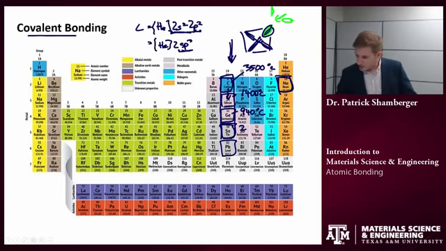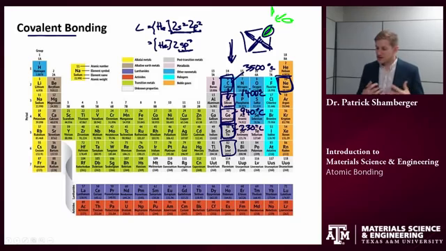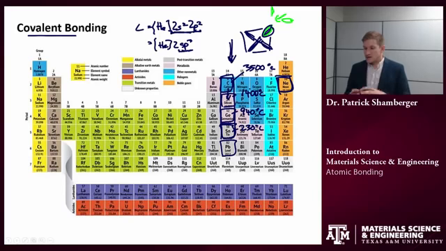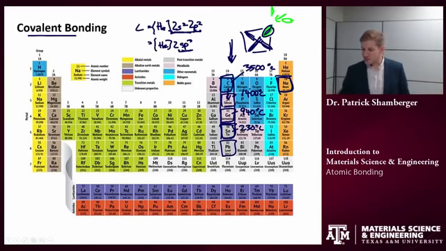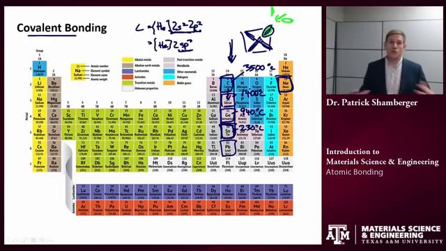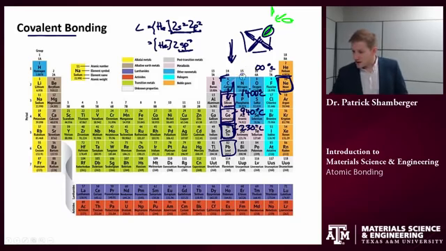And tin about 230. So the bonding energy decreases as I go down, and the electrons become more and more delocalized. So by the time I get to tin, those electrons are relatively able to move around, and I can transport current through the material.